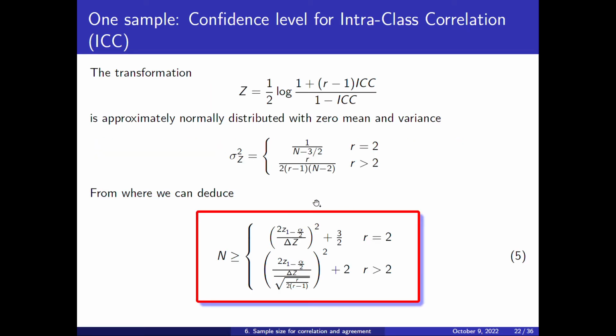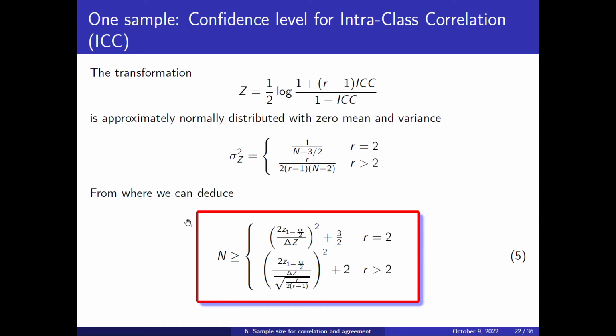Again we look for a transformation that helps us use Gaussian tools. This is the transformation that we need, where R is the number of raters, and the variance of this set is approximately this, for the case when R is equal to 2 and when R is larger than 2.